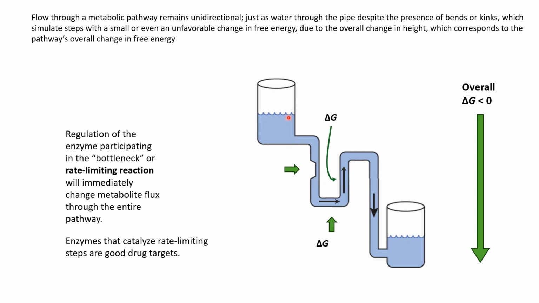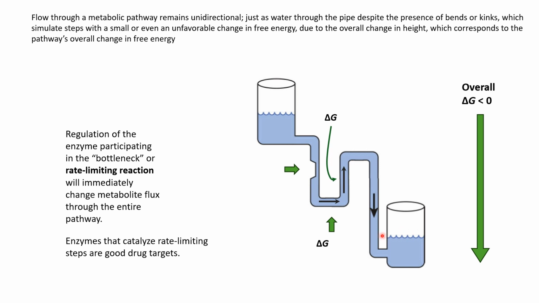Here we have, if we consider a high potential energy and a low potential energy water, then water is going to flow through this system from the upper reservoir to the lower reservoir. And if we consider this as an analogy to the thermodynamics of a metabolic pathway, then in this analogy, the overall delta G value is going to be negative. It's going to be less than 0, going from high to low.